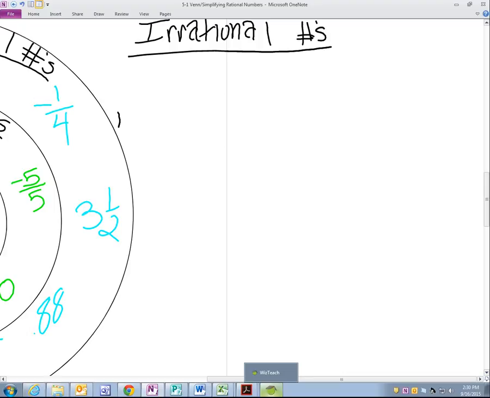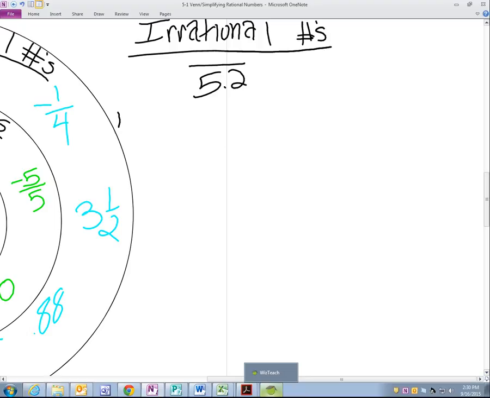All right. Irrational numbers. So we have 5.2 with a line over it. What that means is it continues.